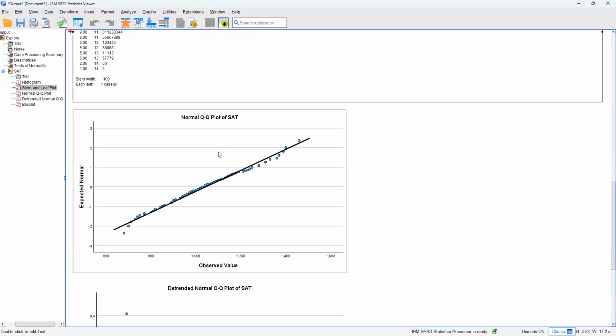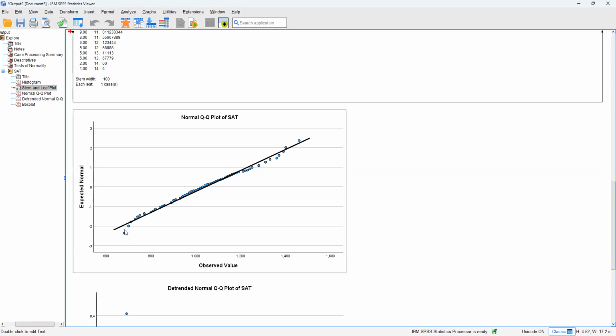Then we get a couple of plots that are a little bit more like art forms to look at. This is another way to evaluate the normality of our data distribution. The line on the 45-degree diagonal represents a normal distribution. This is how the distribution should look in this particular layout.